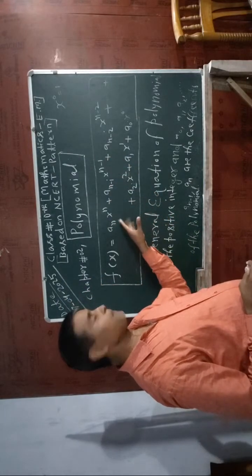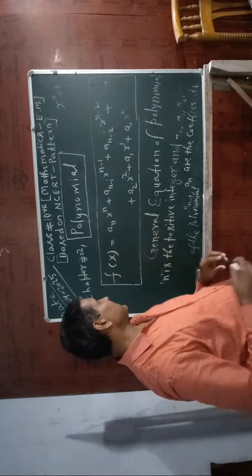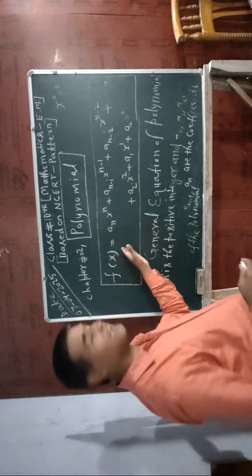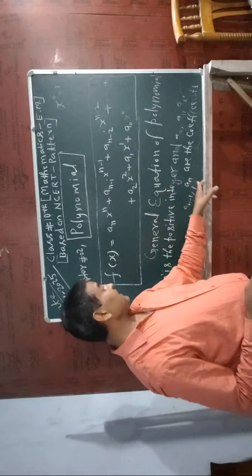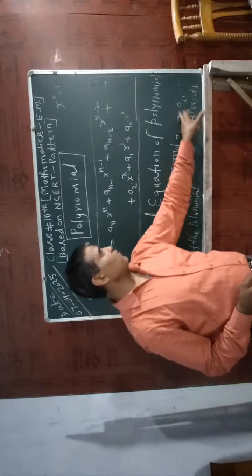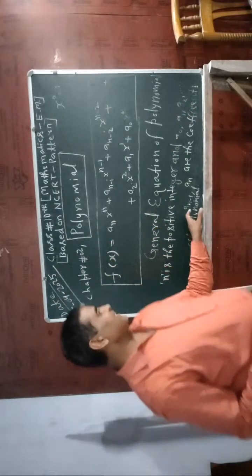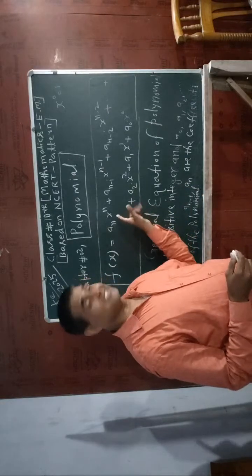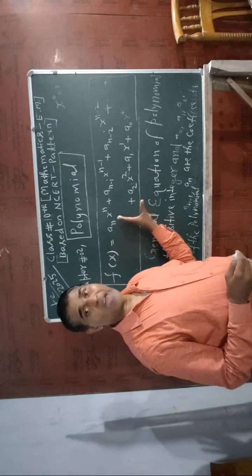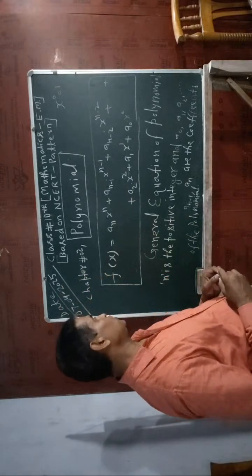Now, the coefficient of the variable x is the coefficient of the polynomial. In other words, we can also say that a0, a1, a2, up to an are the constant terms of the polynomial. The polynomial has these values, which are known as the constants of the polynomial.